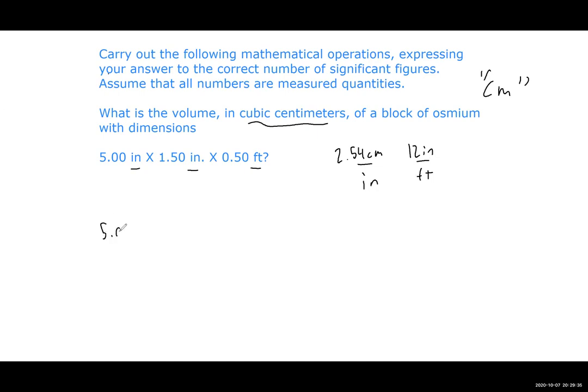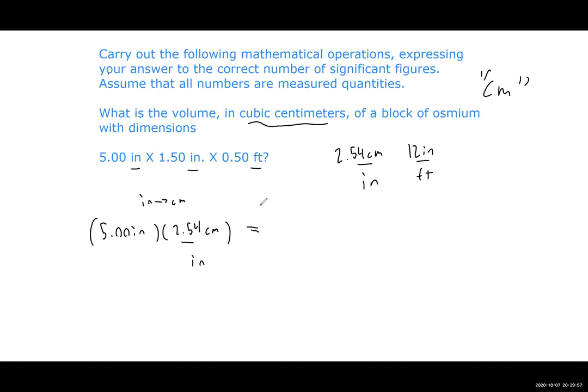So for 5.00 inches, to go from inches to centimeters, I need centimeters on top. So I have 2.54 centimeters per inch.